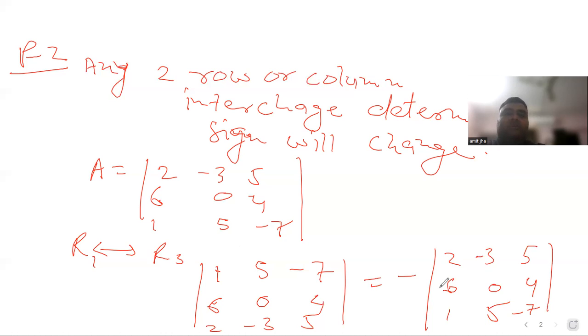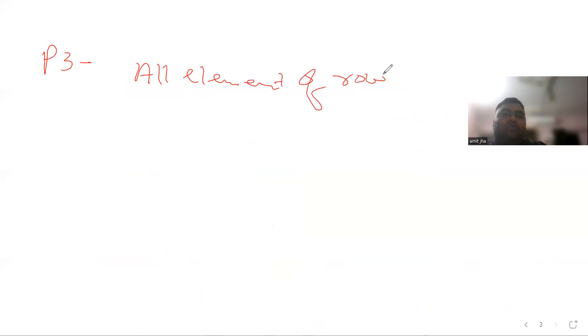Now I'm going to the third property. The third property states, that is P3, if all the elements of a row or column are 0, then the value of the determinant will be 0.